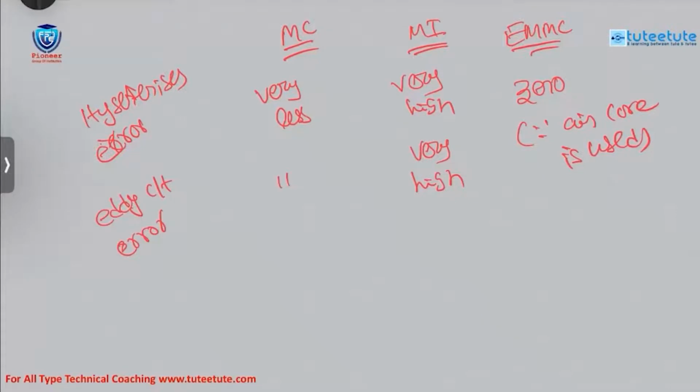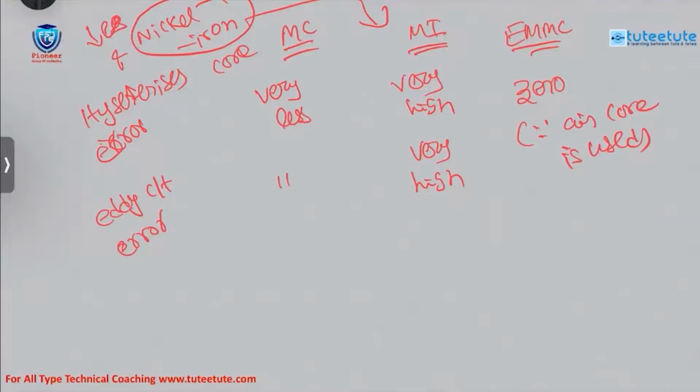Okay, so it's clear. To minimize this hysteresis error, we are going to use nickel iron core for moving iron instruments.